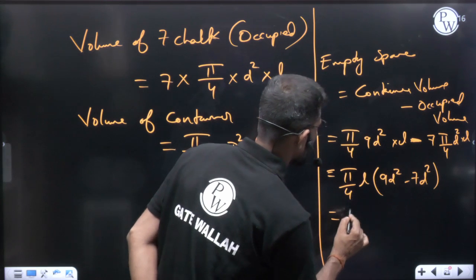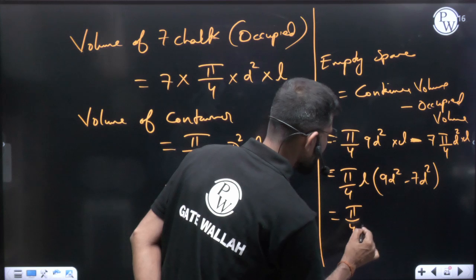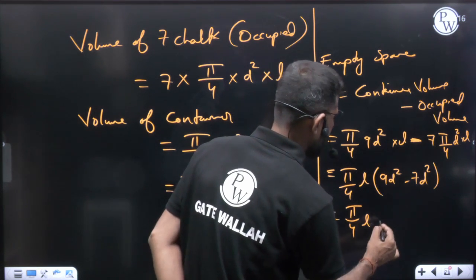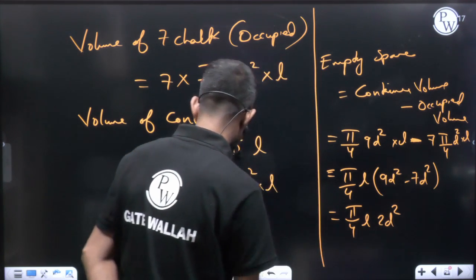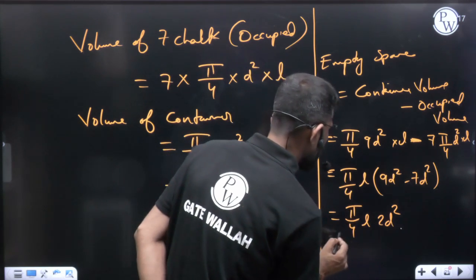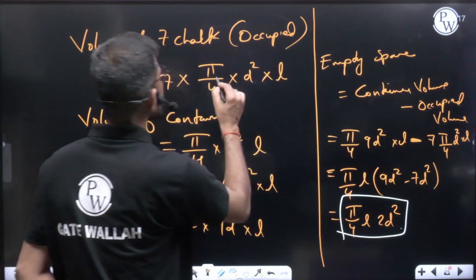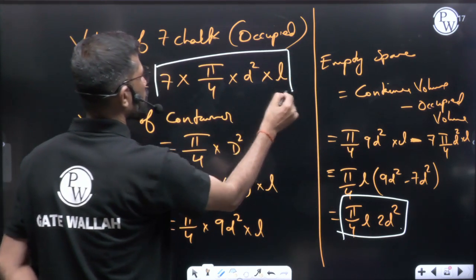So this is equal to pi by 4 L into 9 minus 7, that is 2d square. This is the empty space, and this is what we got as occupied space.